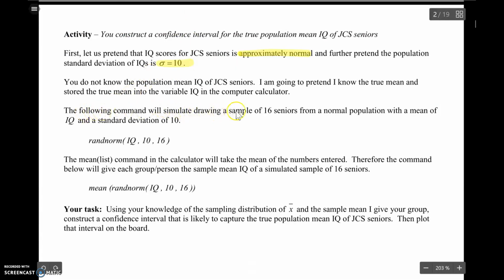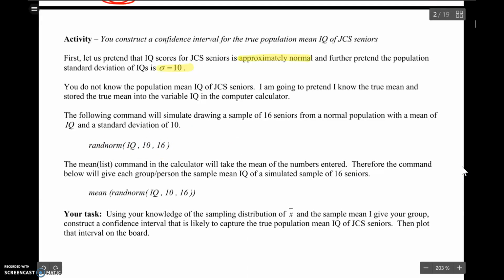The following command will simulate drawing a sample of 16 seniors from a normal population with a mean of IQ and a standard deviation of 10. So the command is randNorm. It'll give me 16 numbers, and this is the mean and this is the standard deviation.